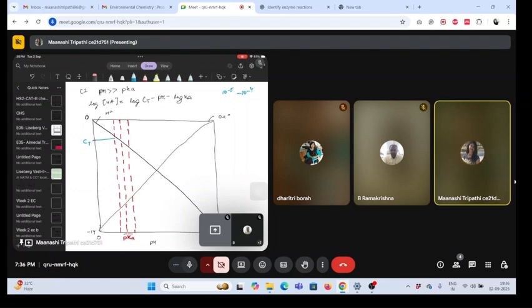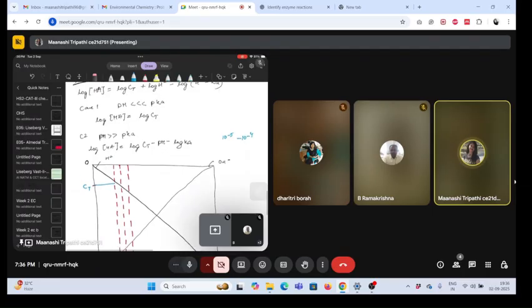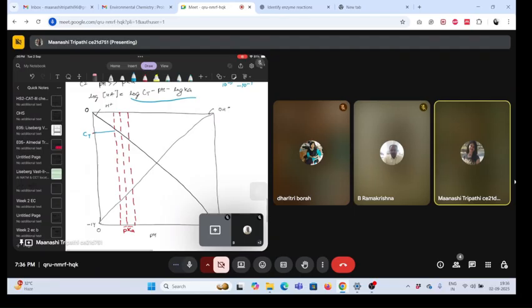Now, after going along this line, at another point, when the pH is greater than pKa, the other equation was followed, right? So at a 45-degree angle we will go down. So this diagram is for HA.